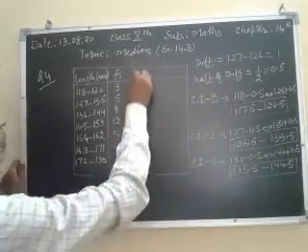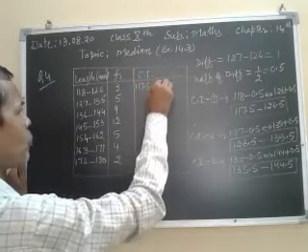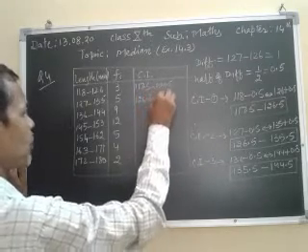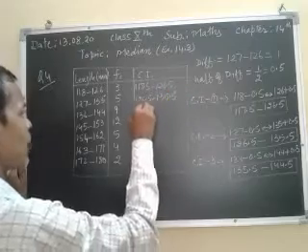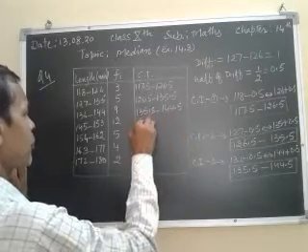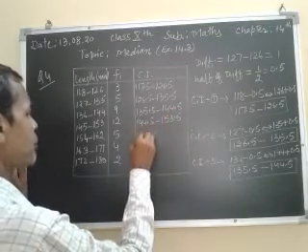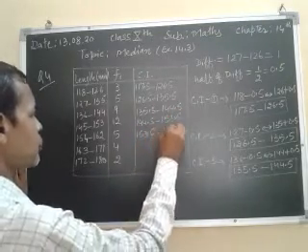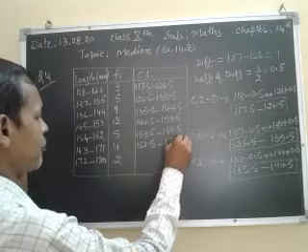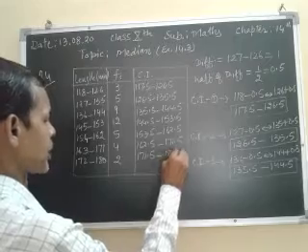So the new class intervals are 117.5 to 126.5, 126.5 to 135.5, 135.5 to 144.5, 144.5 to 153.5, 153.5 to 162.5, 162.5 to 171.5, and the last class interval 171.5 to 180.5.